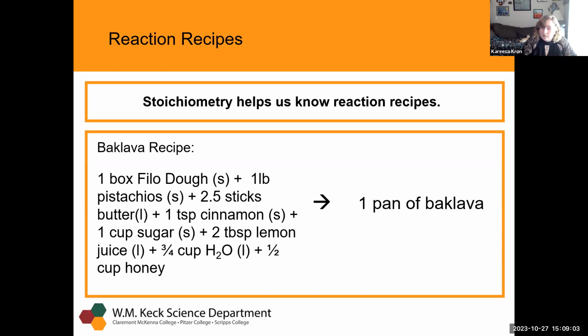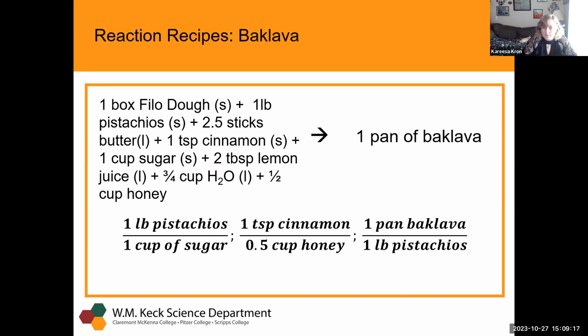Or how much phyllo dough do I need for a certain amount of cinnamon? What is the combination in a quantitative sense of the ingredients that make what I want to make? So if I wanted to, I could write this recipe in terms of some ratios. So if I have a pound of pistachios, then in order to make baklava, I'm also going to need a cup of sugar.